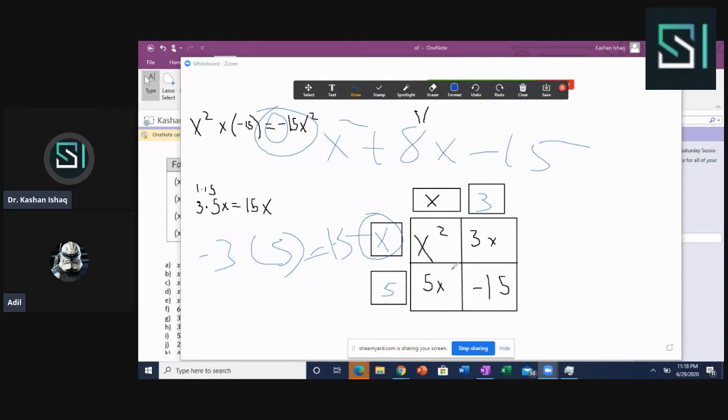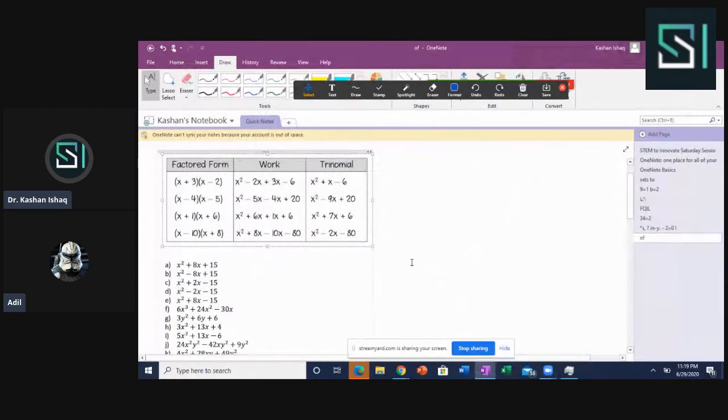Anyway, bottom line, it would have worked, because you would make sure to get negative 15x squared. In this question, it didn't work. This one probably has no solution because of this unusual question that we picked. So let's do one more for the sake of it, and then we can move on to the next question.